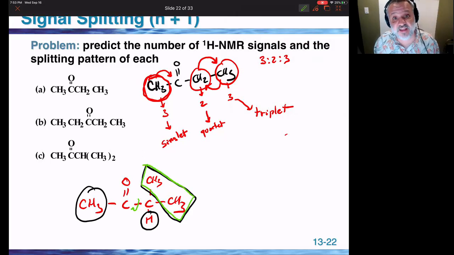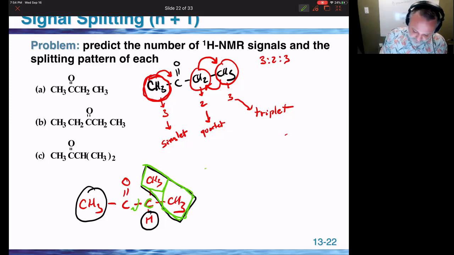So again, what's the connectivity? Hydrogen's connected to a carbon that's connected to a carbon, talking about this one now, and that carbon is connected to a hydrogen, a methyl group, and the C double bond O CH3. It doesn't matter if you're talking about these hydrogens or these hydrogens, they have the same connectivity environment, so they're the same chemical environment.